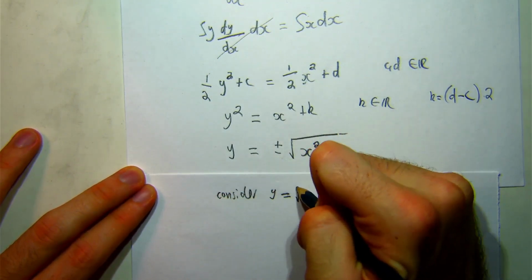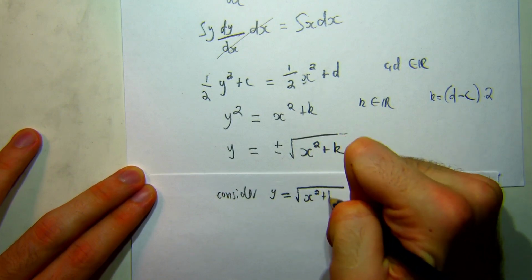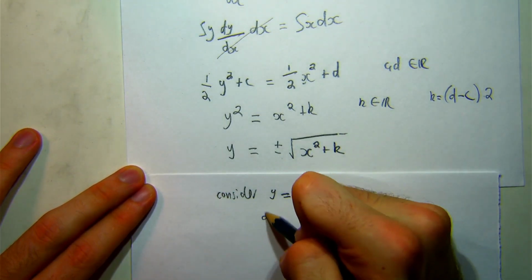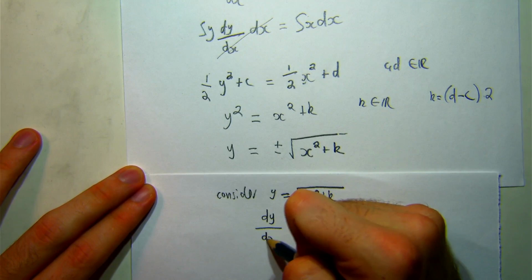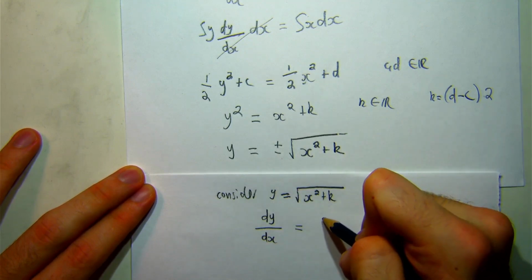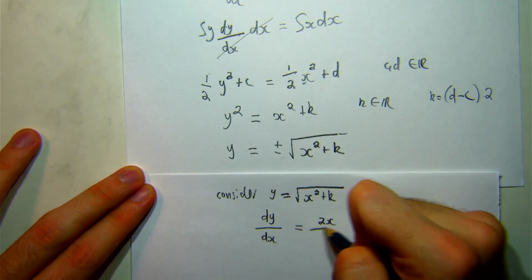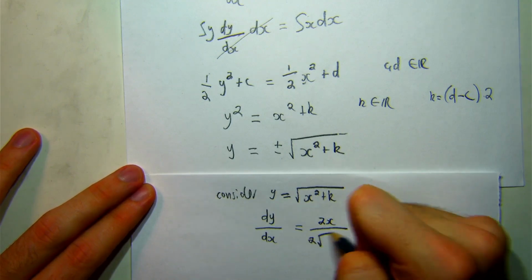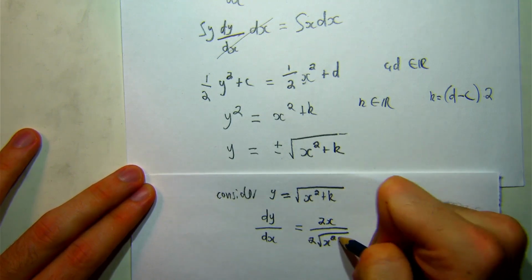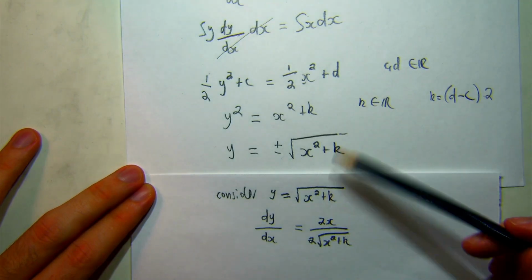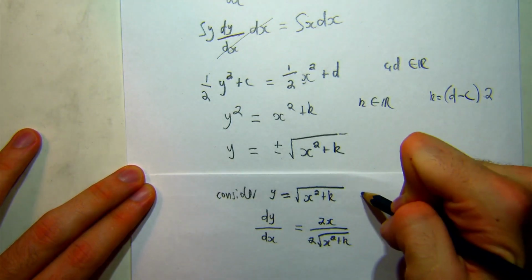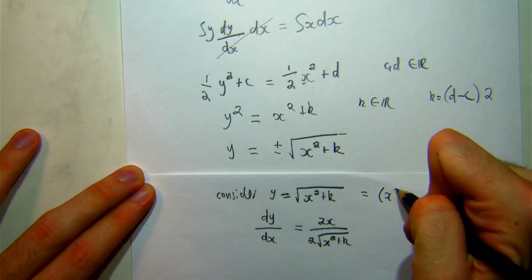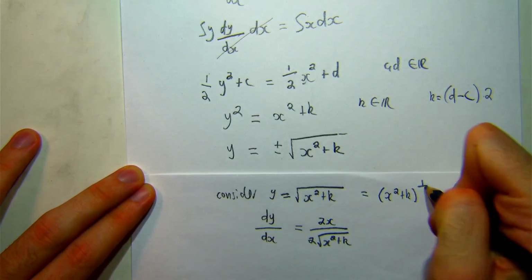So if y was equal to the square root of x squared plus k, then dy on dx is going to equal 2x on 2 square root of x squared plus k. That's just using our chain rule, because that here is equal to x squared plus k to the power of 1/2.